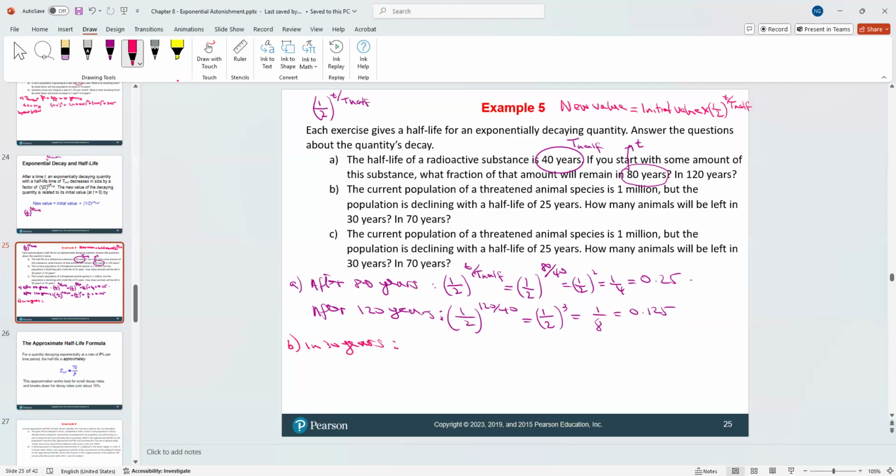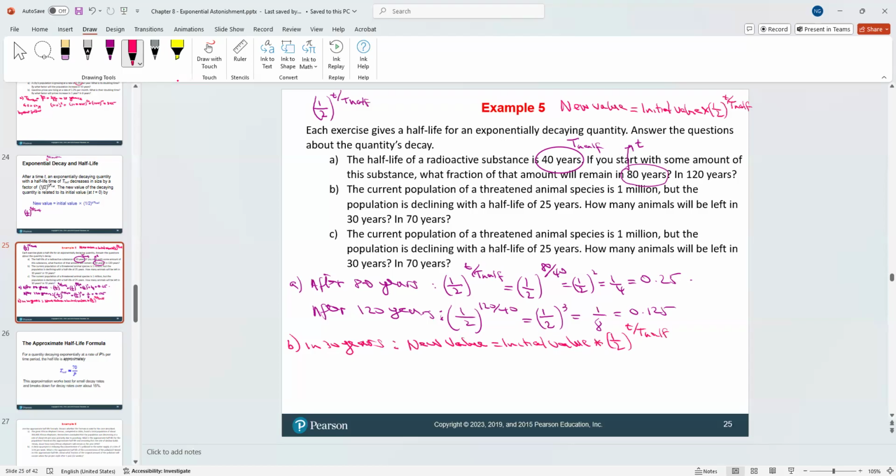So that's what we're going to use as a formula. Because we're talking about decay, new value equal initial value times 1/2 power small t over capital T half.